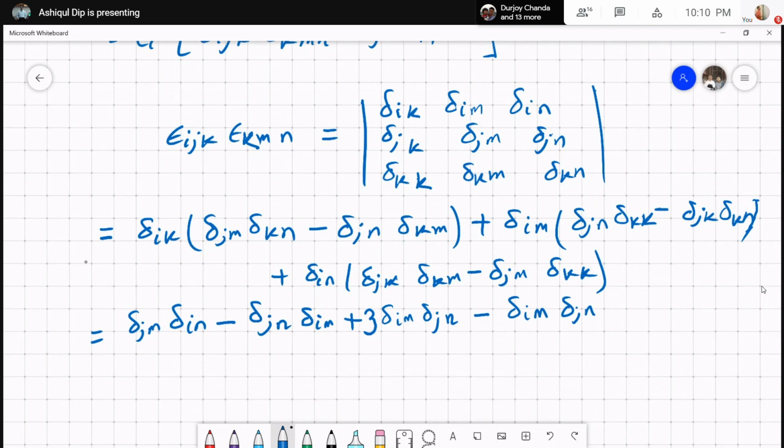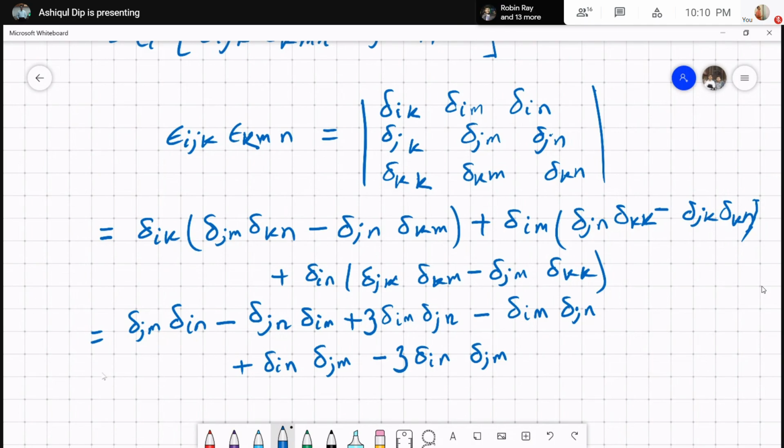Then what about delta in, delta jk, delta km? It's delta jm, minus delta in, delta jm, and what about delta kk? It's just 3.